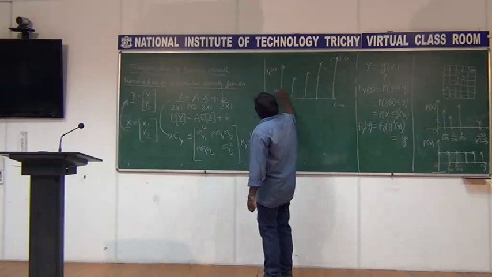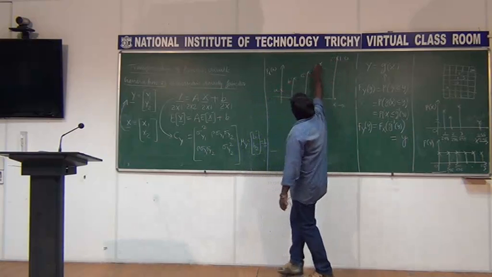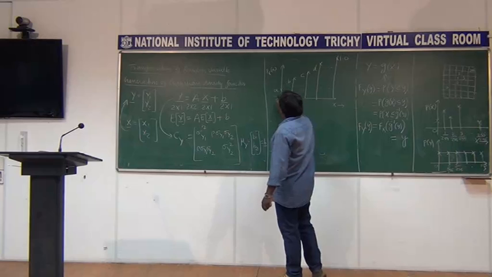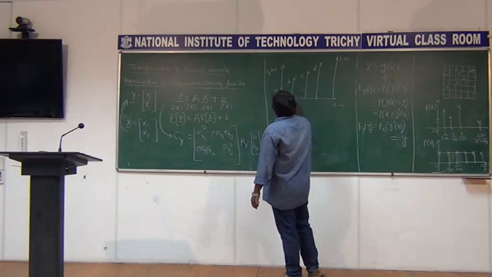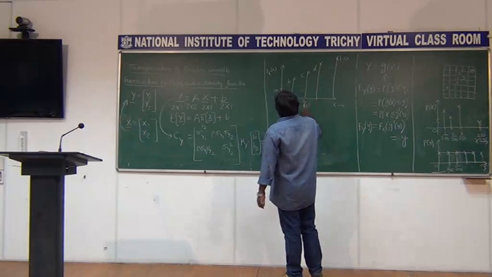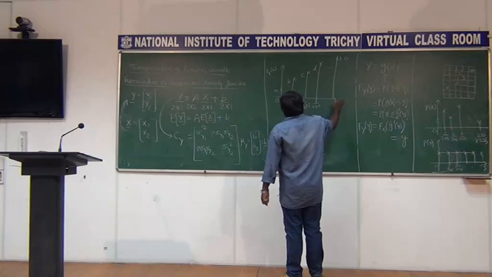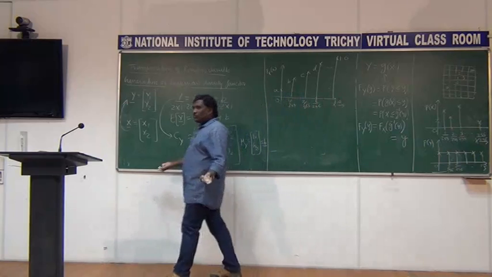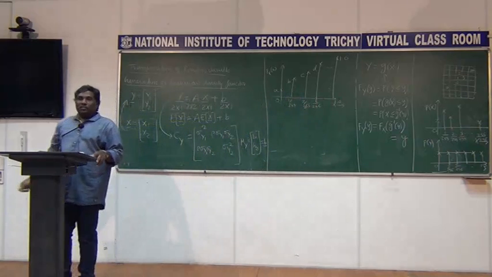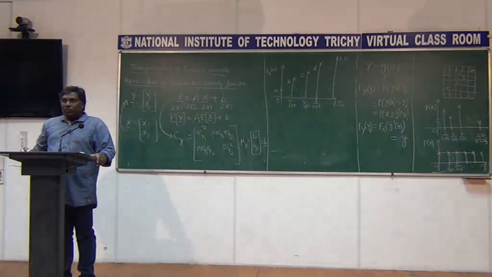So let me put it as a here, or b here, or c here. Some number will be there, right? So this is 0. Very simple now. What does it mean?